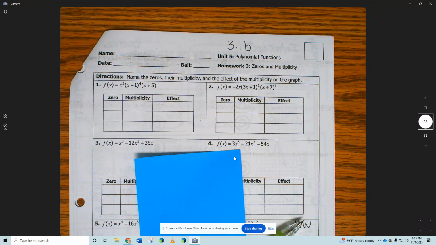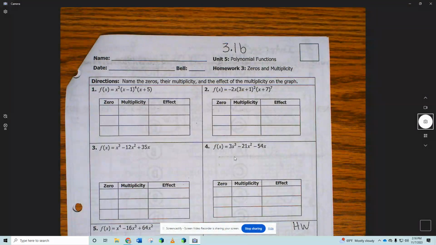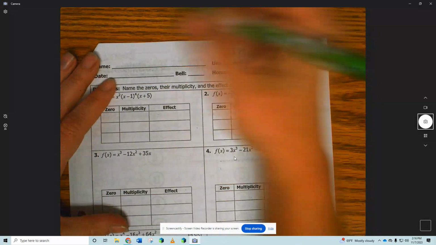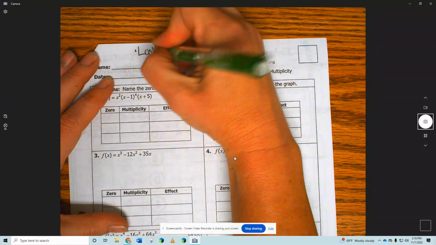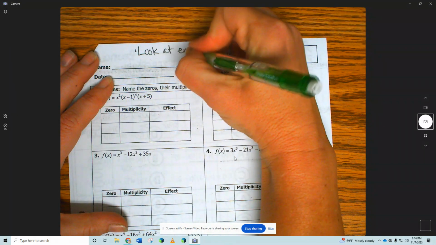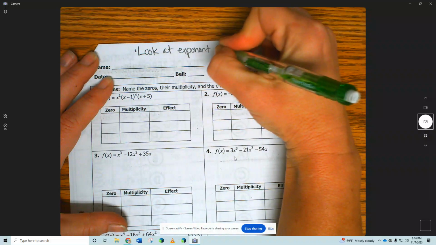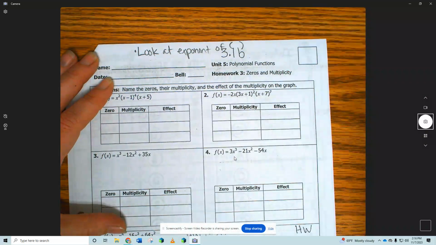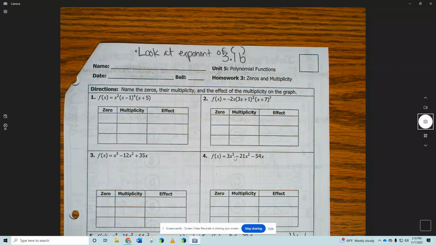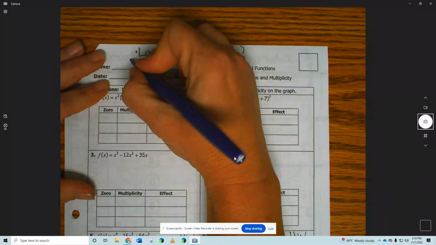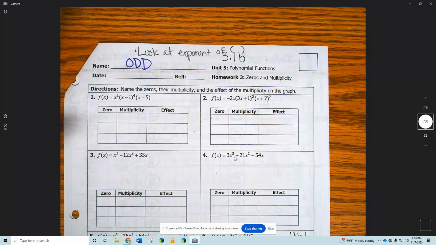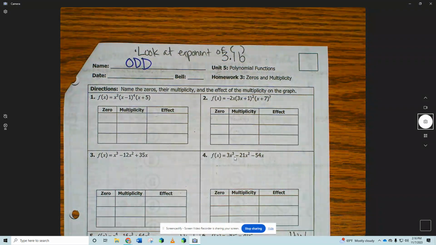So this worksheet here, all I care about is, look at the exponent of your parentheses. If the exponent is odd, what did I say odd exponents do? X to the first, x to the third, x to the fifth.